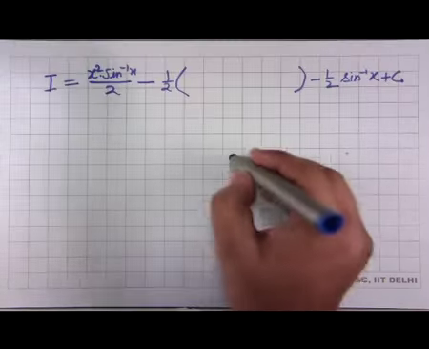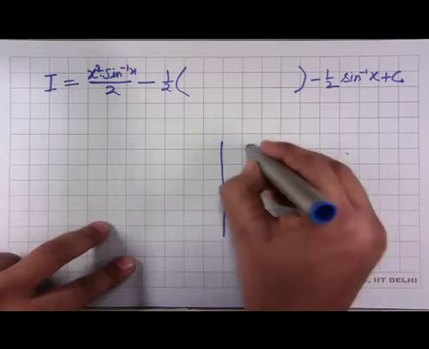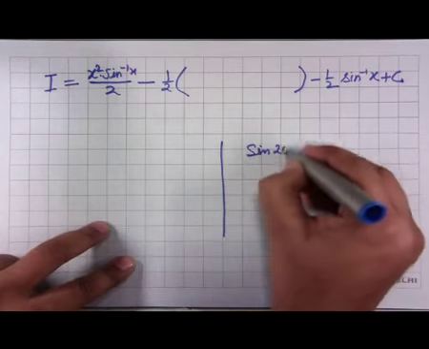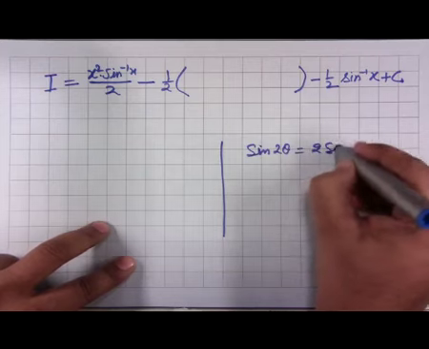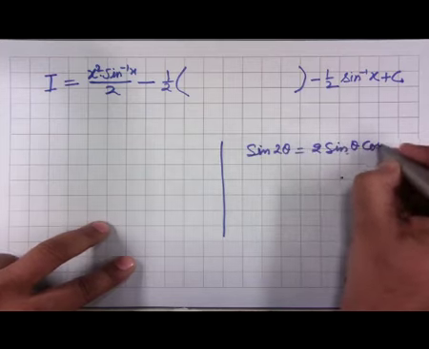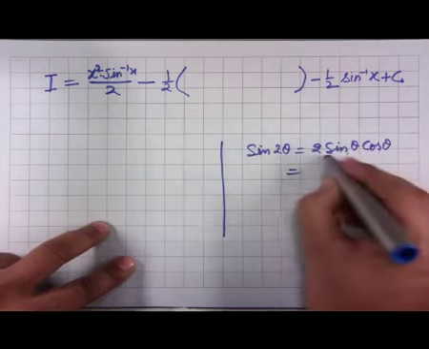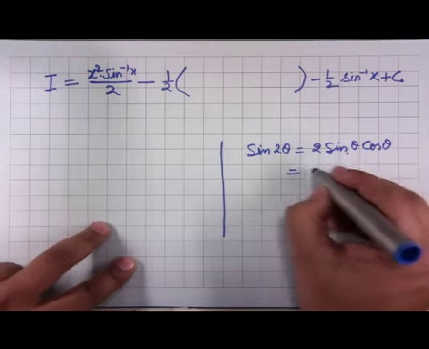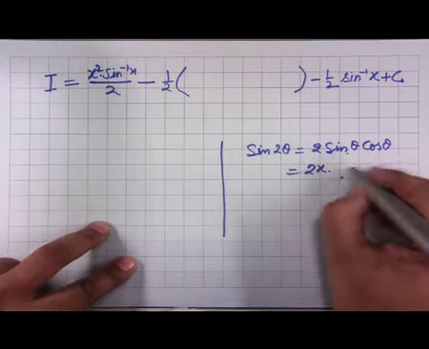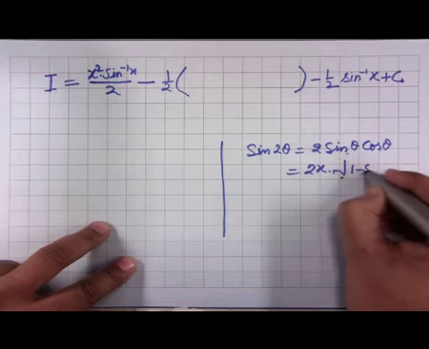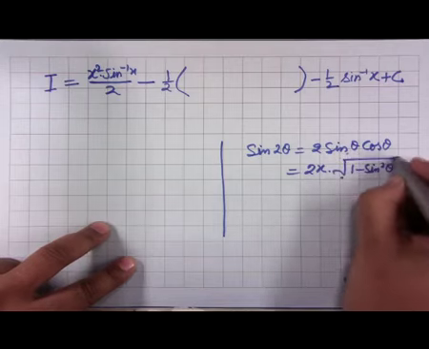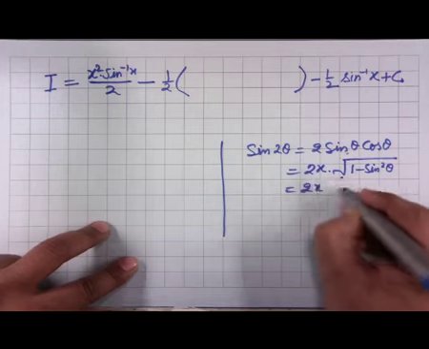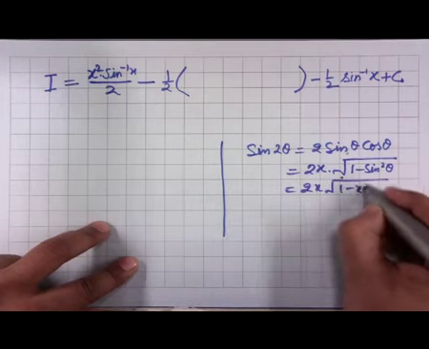let me simplify it here for you. 2 sin theta cos theta. Sin theta you already know is x, so it will become 2x. Cos theta you can write as the root of 1 minus sin square theta, which gives 2x root of 1 minus x squared.